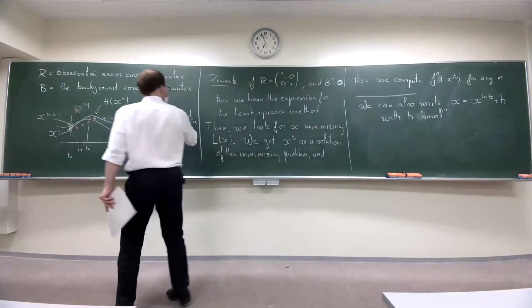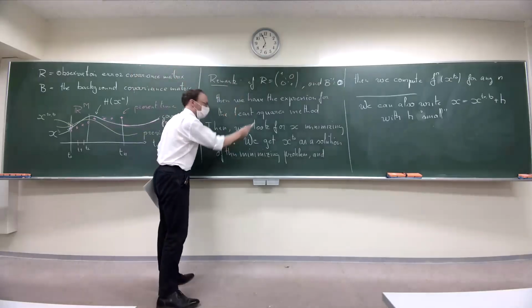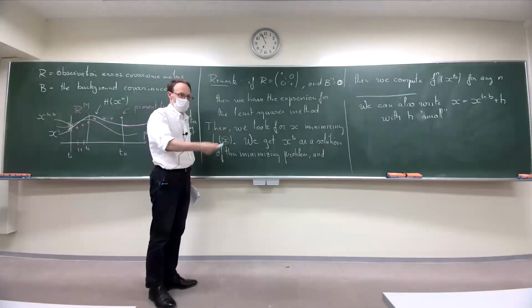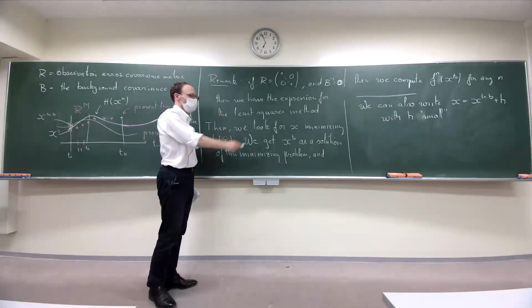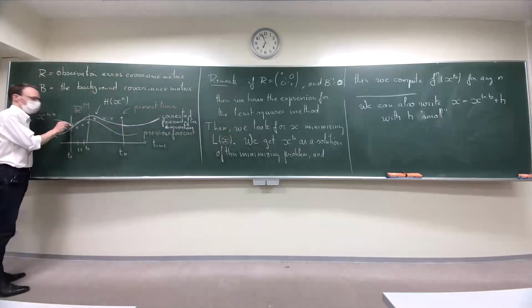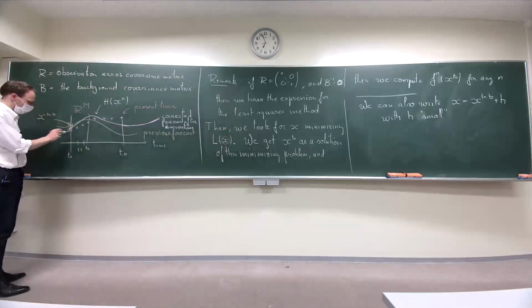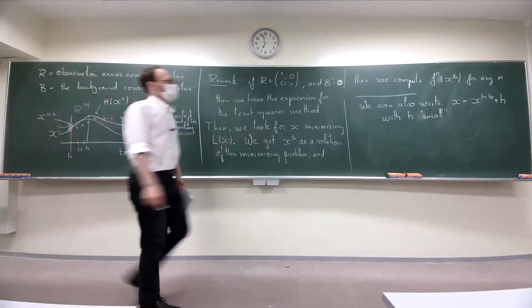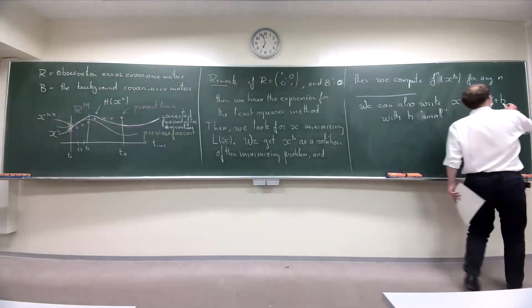X is really the variable you want to minimize, so it's one variable of a function. X T0 B is the background knowledge, and h is going to be the new variable.